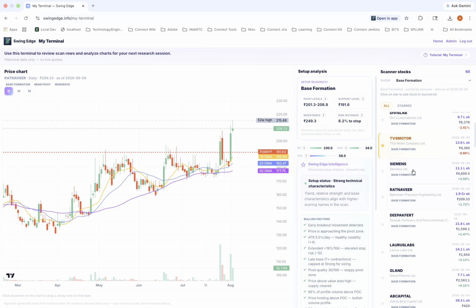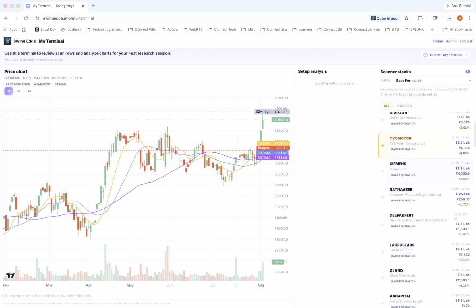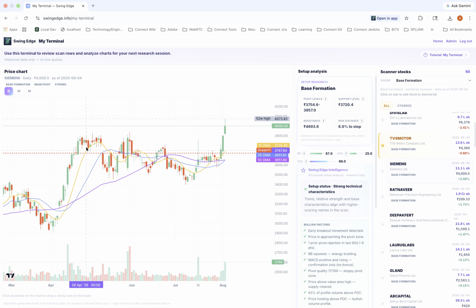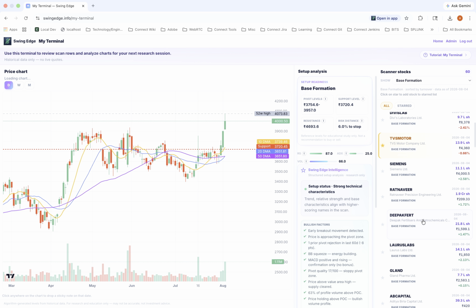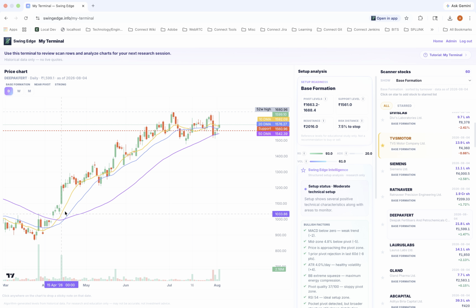This is Ratnaveer, this is Siemens. You can see Siemens also has a clear flag formation and then a typical flag breakout on 30th July, and from here it has moved again 10-15%. Now this Deepak Fertilizer is again creating a flag here.